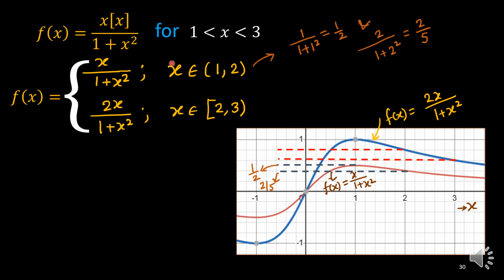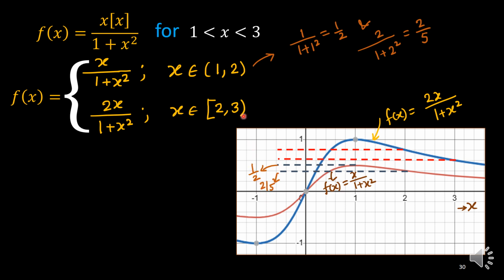When x equals 1, its value is 1 upon 1 plus 1 square, which is simply half, the highest one. When x equals 2, its value is 2 upon 1 plus 2 square, which gives 2 by 5. So this is the lowest one, and the range is 2 by 5 to half.